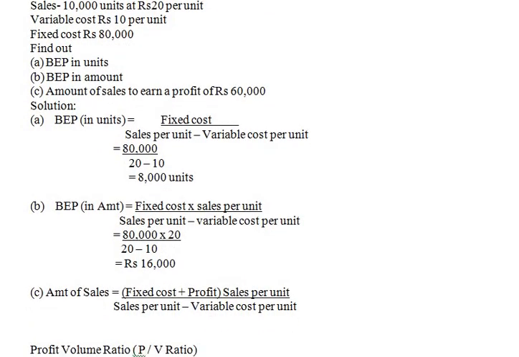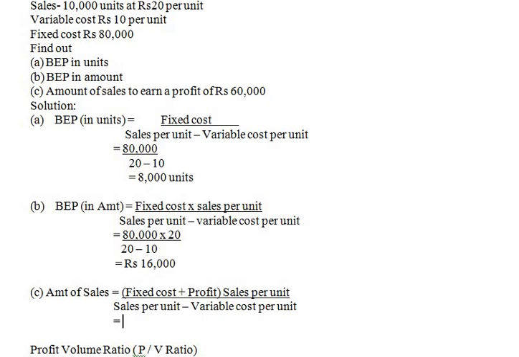Now the next point they have asked: the amount of sales is equal to fixed cost plus profit into sales per unit divided by sales per unit minus variable cost per unit.